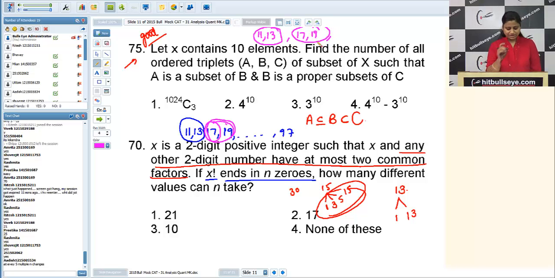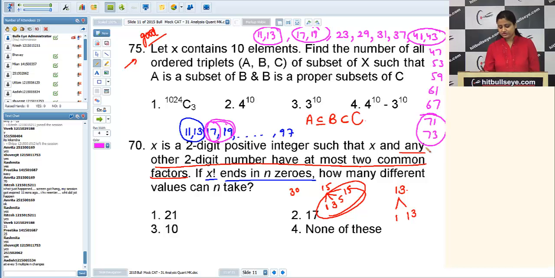At every multiple of 5, the number of zeros will change. 17 and 19, then we have 23, then we have 29. The number of zeros will be different. 31, 37, 41 and 43 will have the same number of zeros. Then we have 47, then we have 53, 59, then we have 61, 67, 71 and 73, the number of zeros will be the same. 79, 83, 89 and 97.